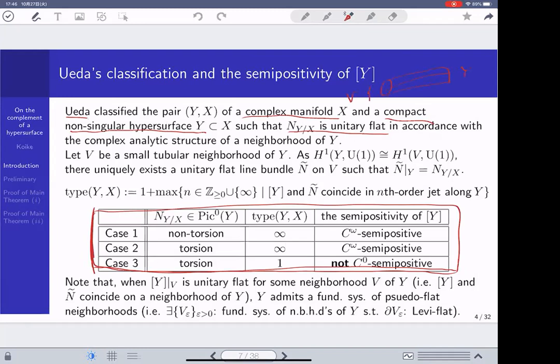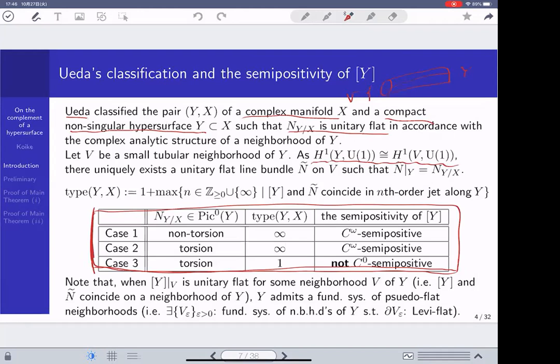In this case, the topological type of V coincides with that of Y. H1 of Y with U1 coefficients. Here U1 is the unitary group, or more precisely, the sheaf of locally constant functions valued in U1. H1 of Y, U1 is naturally isomorphic to H1 of V, U1.